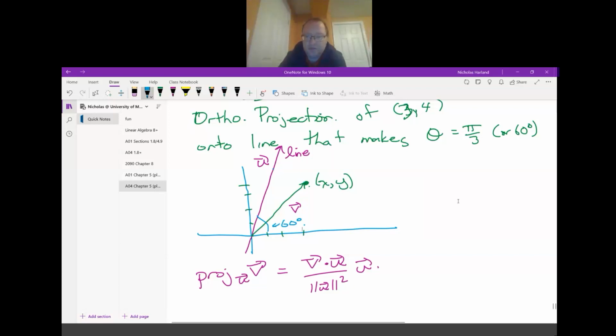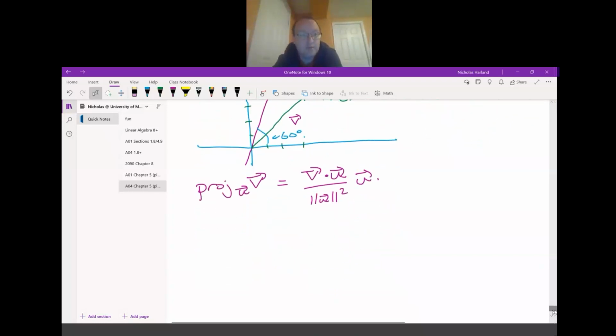So if u was equal to u1, u2, sure, we could take 1, 0 and rotate it by 60 degrees. That's one way to do it. It wasn't actually what I was thinking, but that would certainly work. Right.